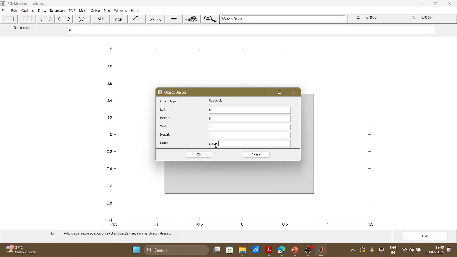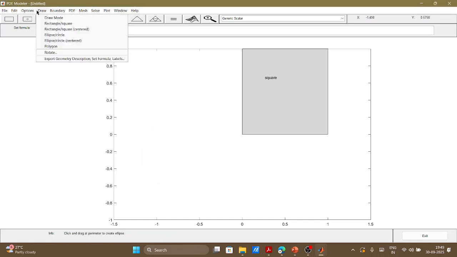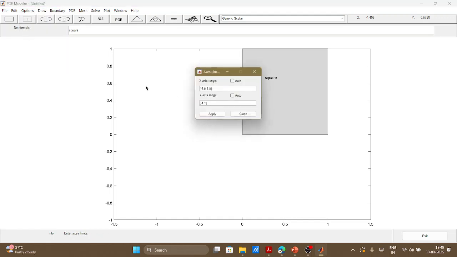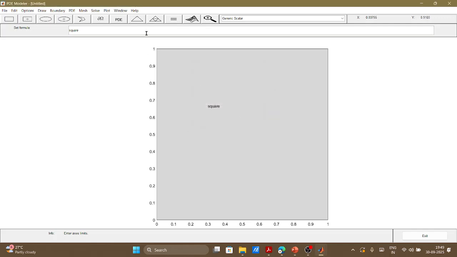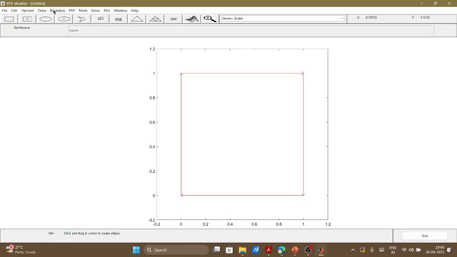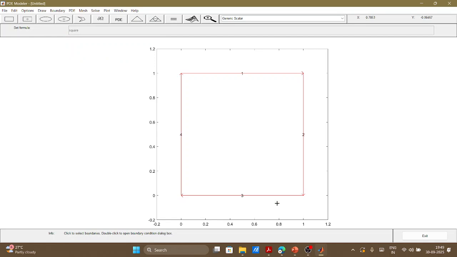You can name it also. Axis limit, let's keep it at auto. This is how it looks like. Boundary, go to the boundary mode, show the edge labels. Just give me a minute.